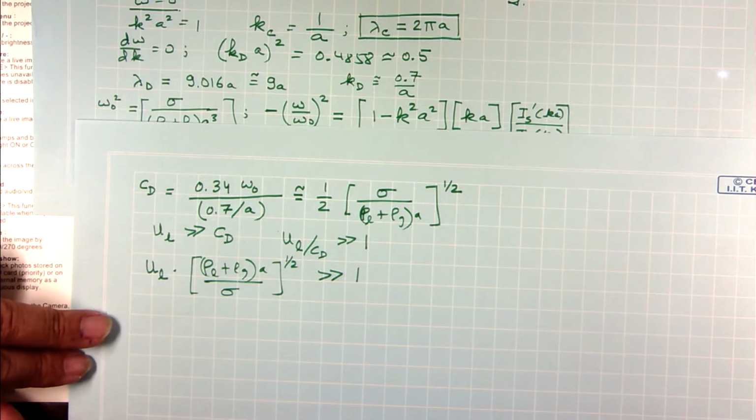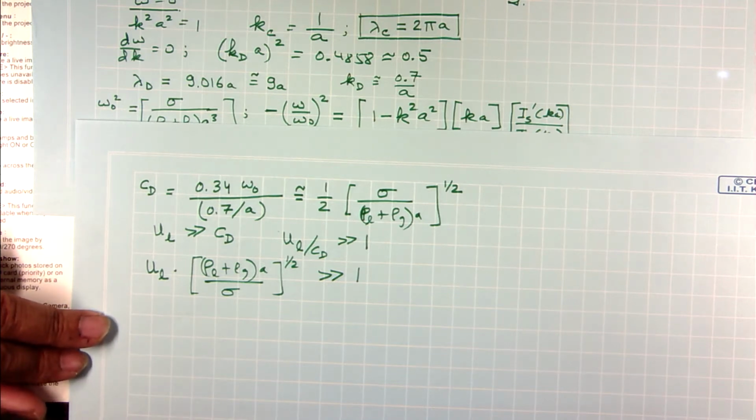The other one I want to find out is how much time does it take and how much distance does it take before this jet will break up into droplets.